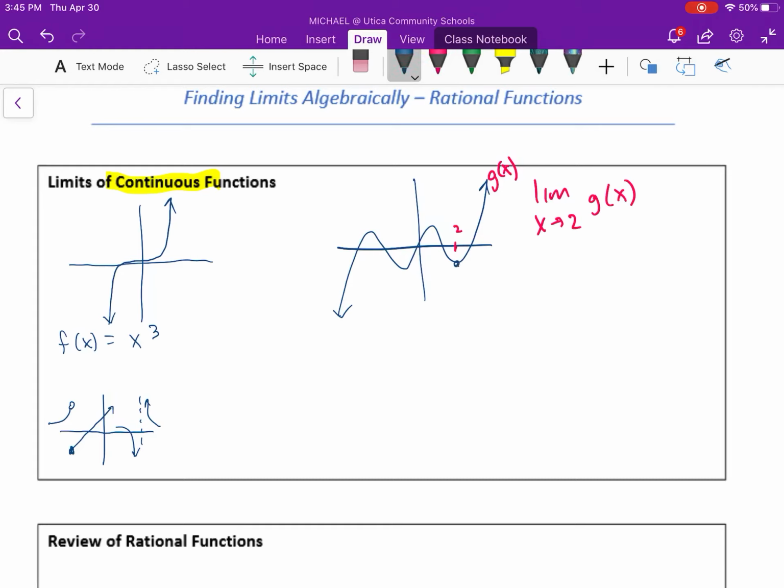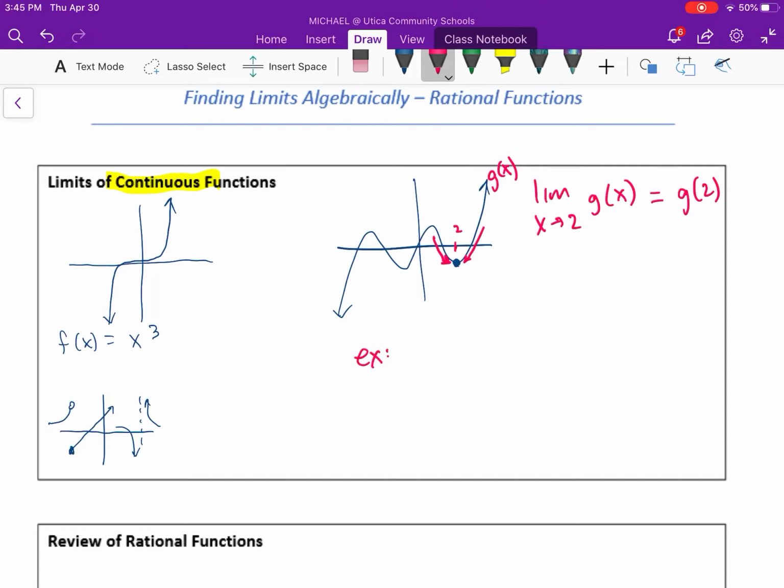Then the limit as we get closer to that point is going to be the exact same thing as the point itself. So in this case, the limit is going to be equal to the function value at that point, and that's going to be true anywhere on any continuous function. So those are the easiest ones to find.